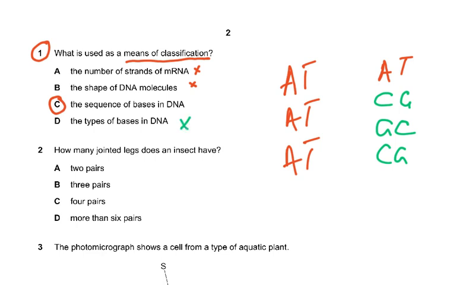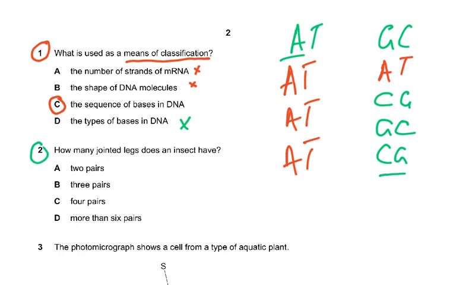The reason why it's wrong, because types of bases are only 4 and every animal has ATGC. So it's not a type, but of course the numbers vary, no matter how many percent is A and how many percent is C. That of course varies, but otherwise there are not many types of DNA. So that is why part D is wrong.